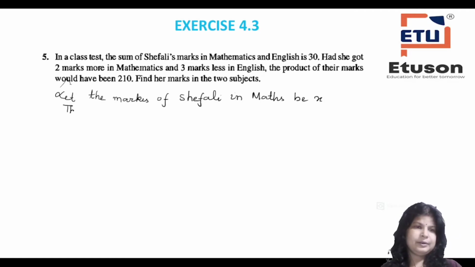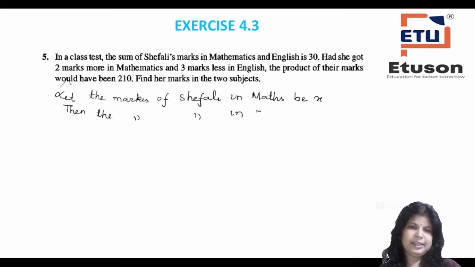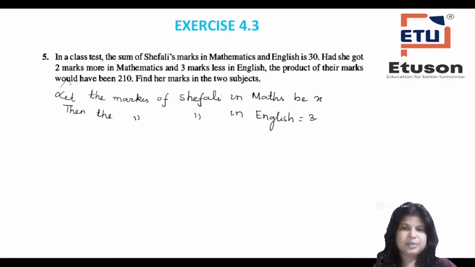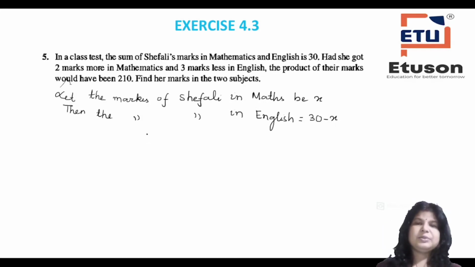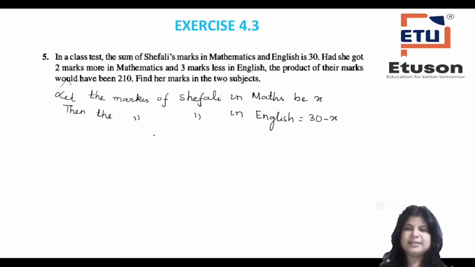Then the marks of Shephali in English will be how much? It will be 30 minus x, because according to the first statement, the sum of the marks in maths and English is 30. So if maths is x, then in English how much will she get? It will be 30 minus x, correct or not?